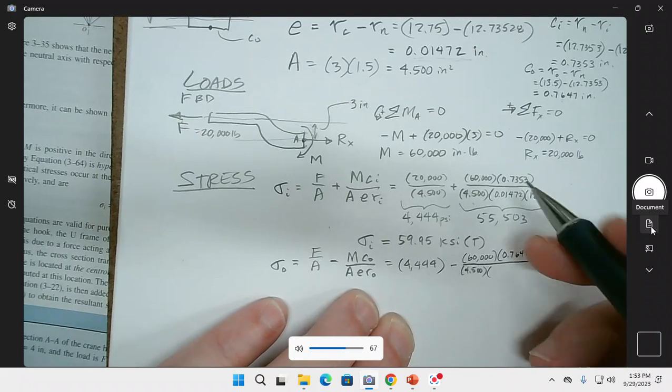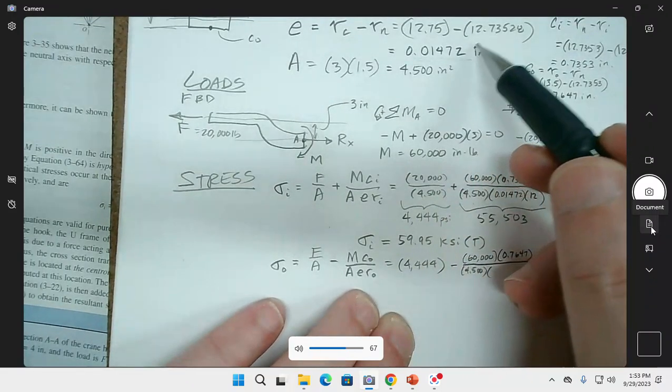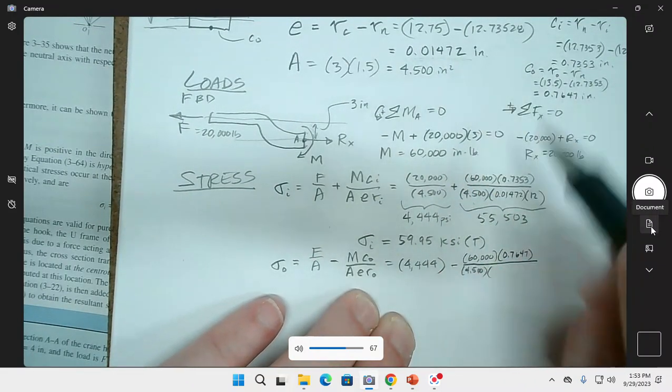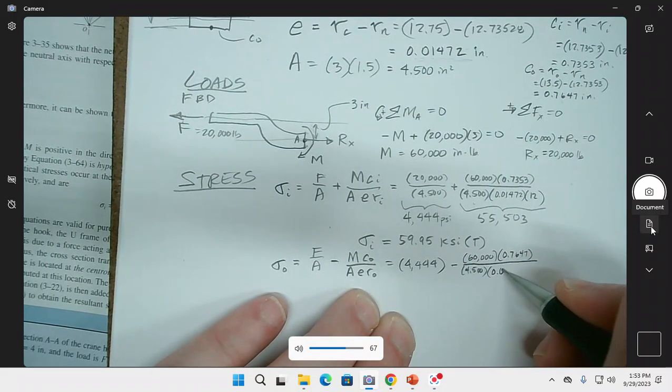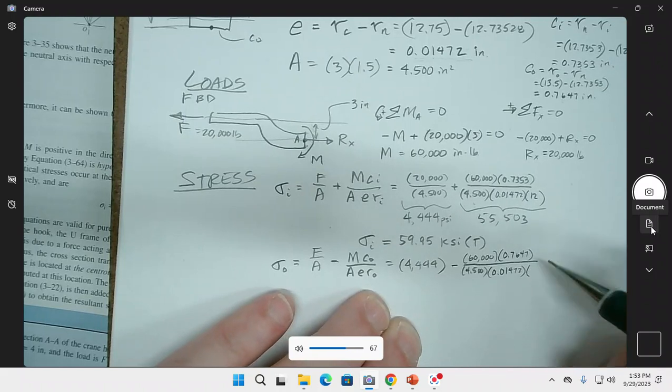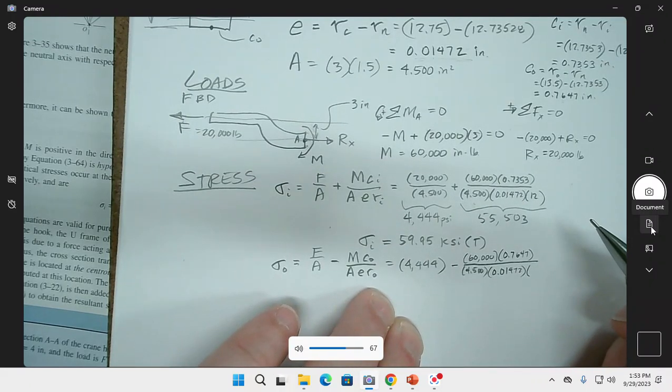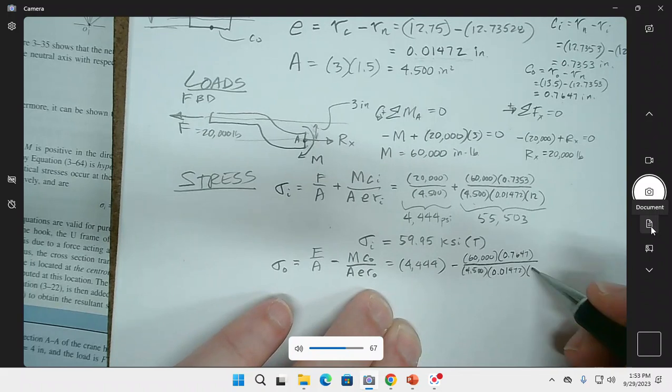And E, where'd you go, E? Right here. 0.1472, and RO, which we found to be 13.5. Thank you.